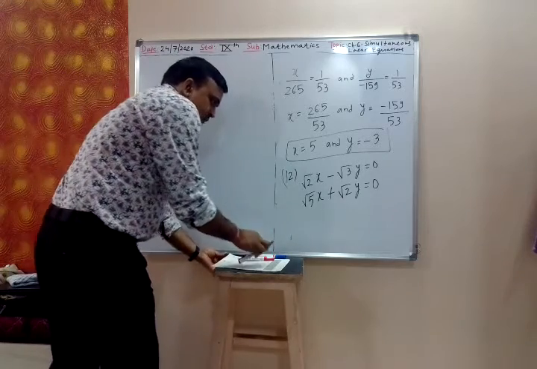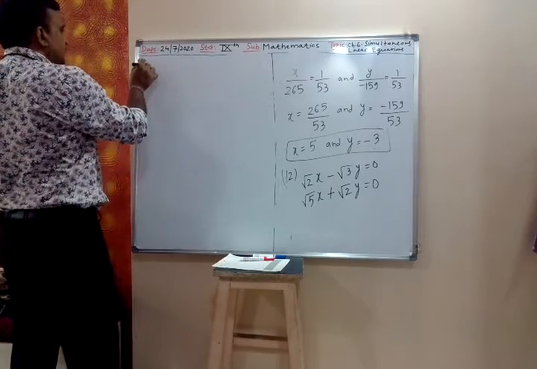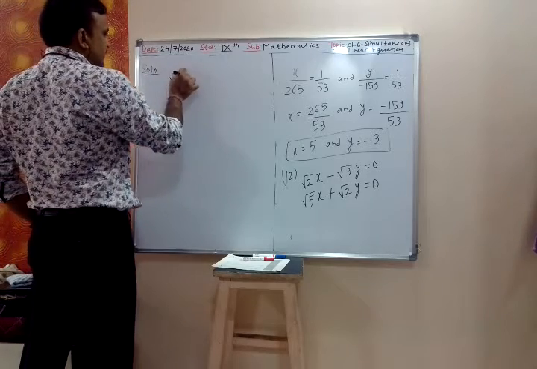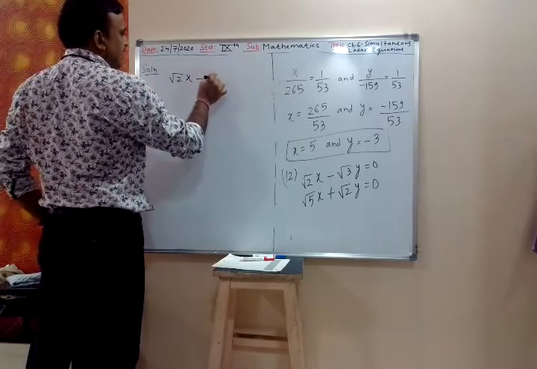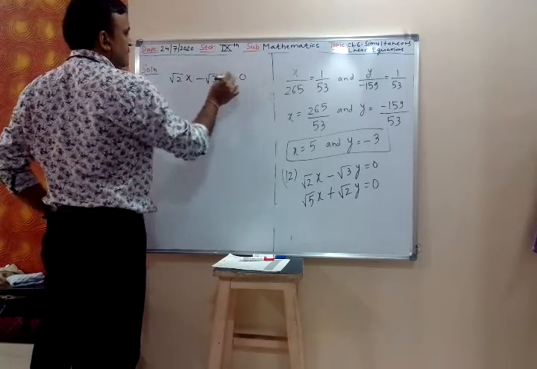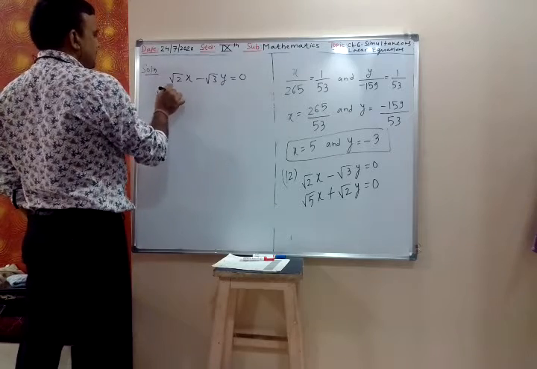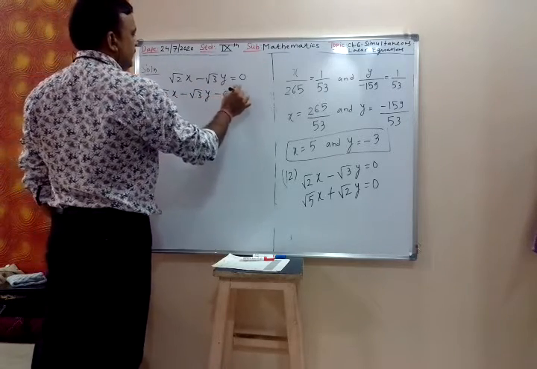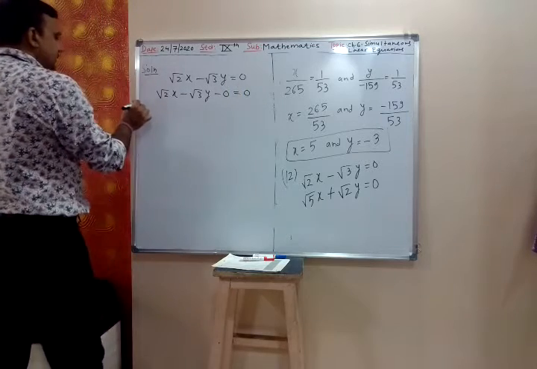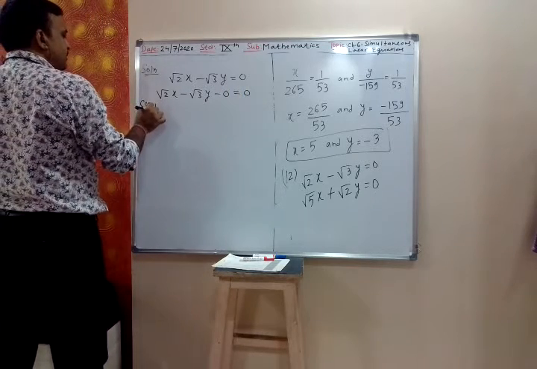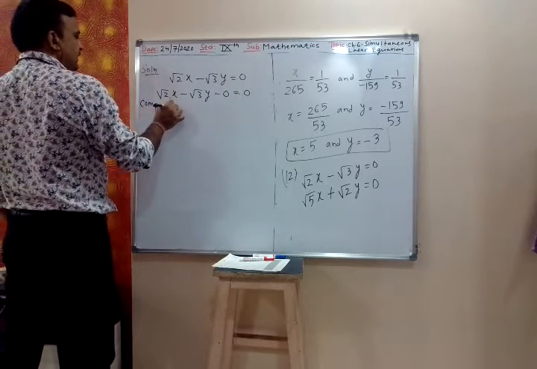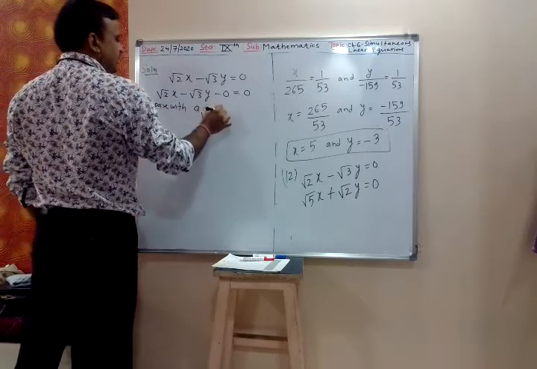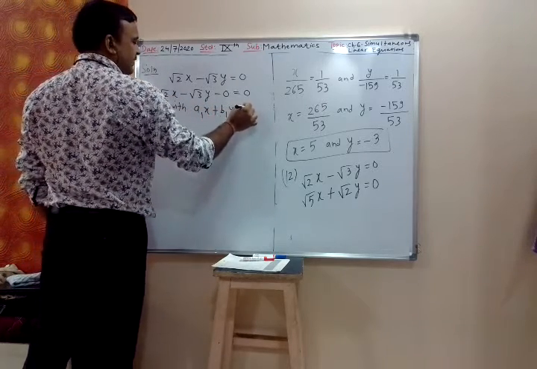So now let us solve this. Root 2x minus root 3y is equal to 0, which we write as root 2x minus root 3y minus 0 equal to 0. Now I will compare this with a1x plus b1y plus c1 equal to 0.